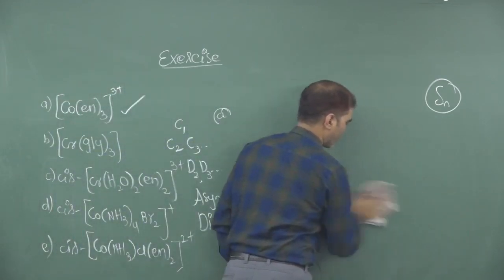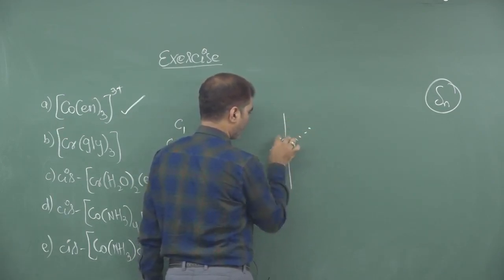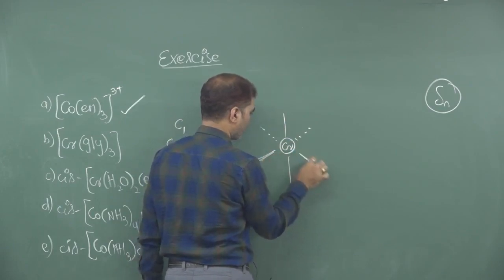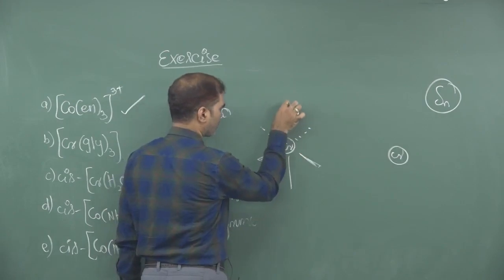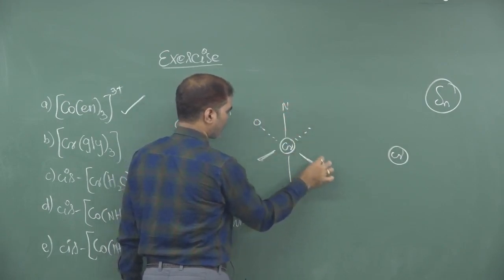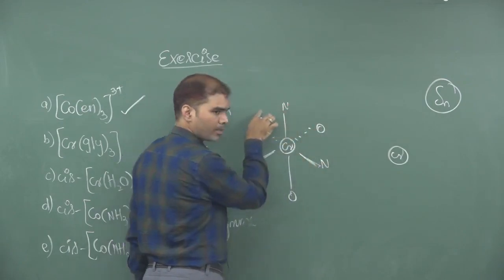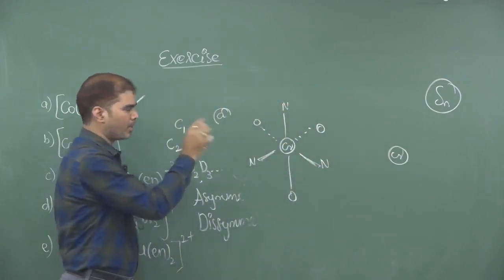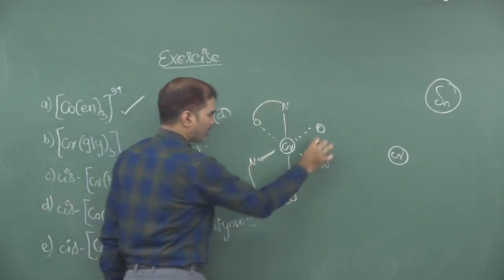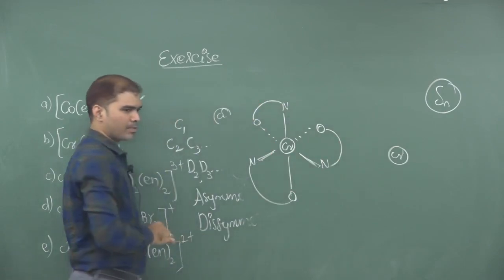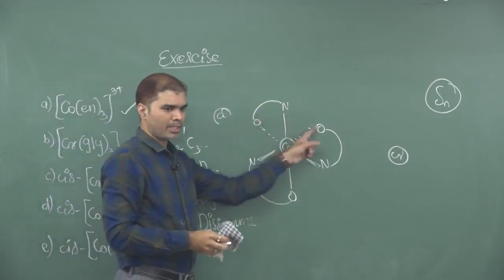Second one, glycinato means N, O, with the chelating rings. Simply I am putting N and O because we are aware of the ligand, so I am putting the chelating rings. Does this have an enantiomer? Answer is yes, because it is a tris-chelated complex.